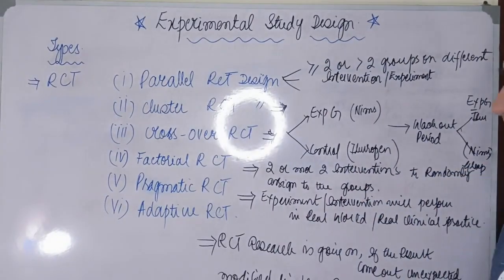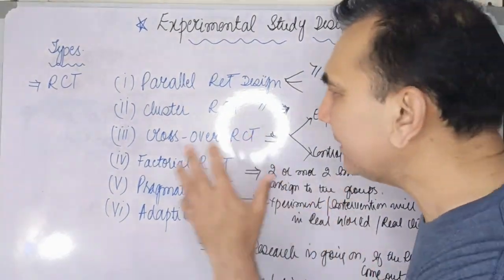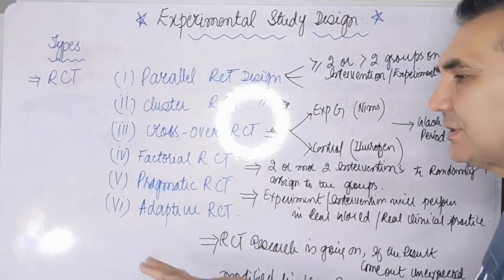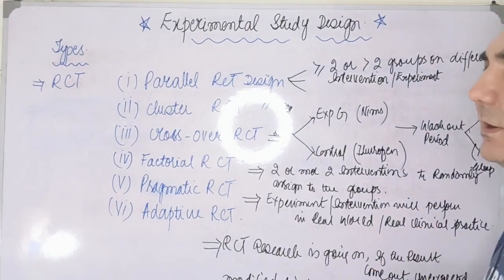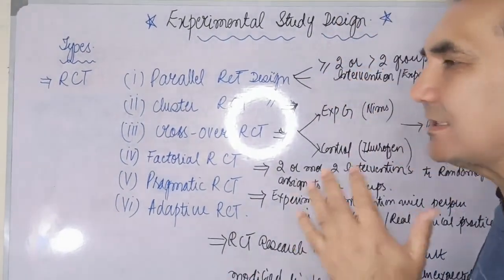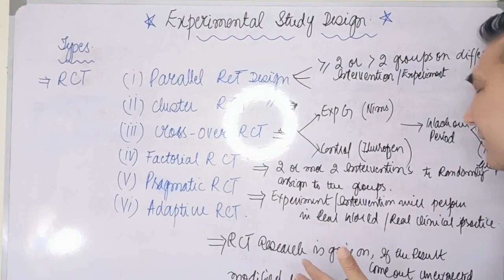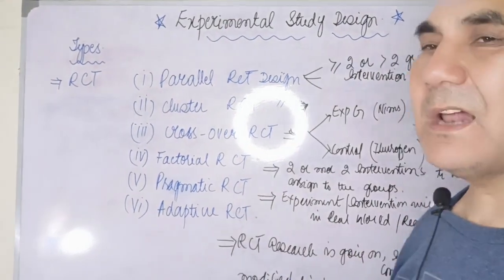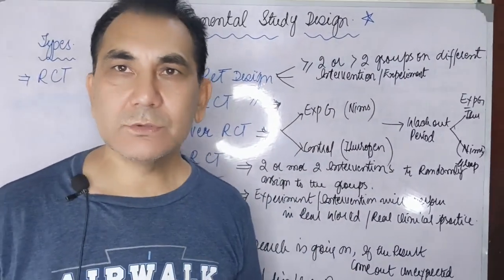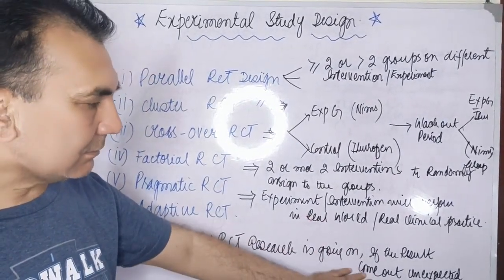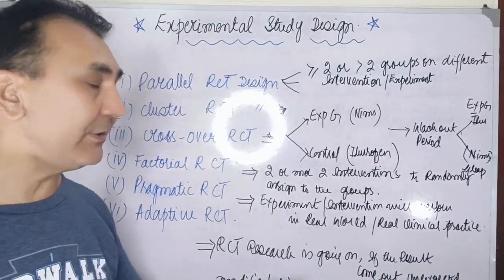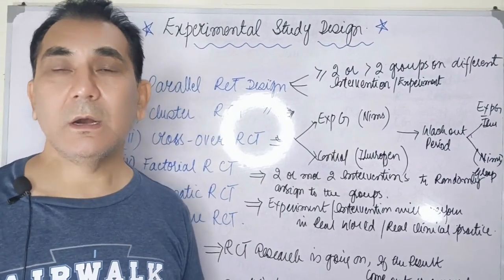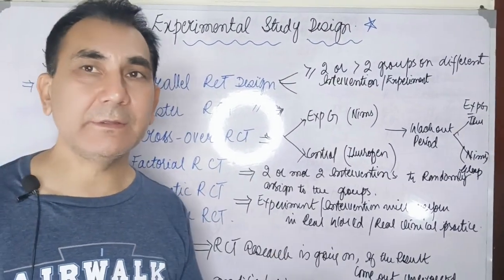In the adaptive RCT, the researcher selects one design for his study, and while going on during his RCT research, he comes out with some unexpected result. On the basis of the unexpected result, the researcher modifies or changes his research design.